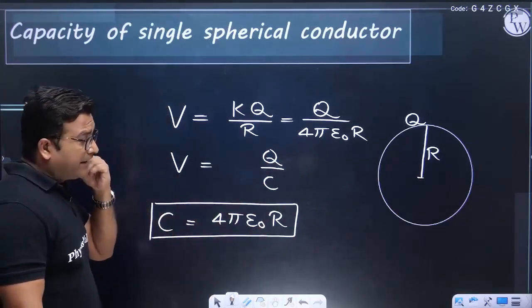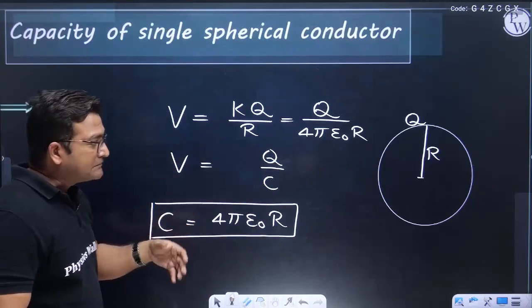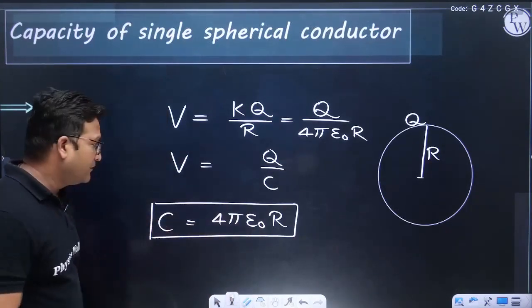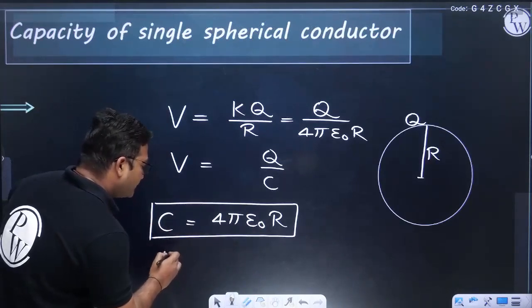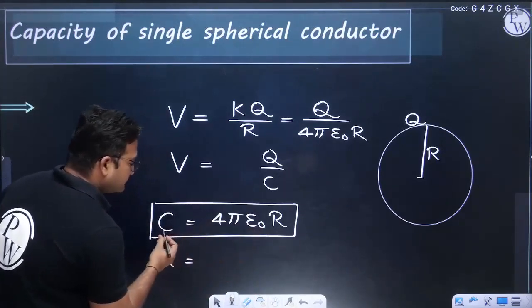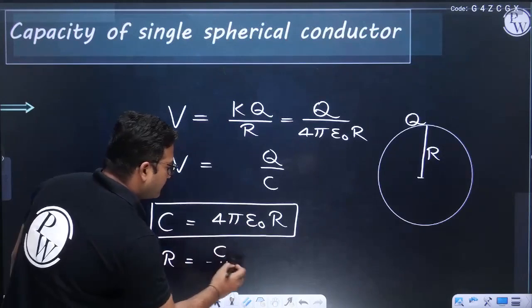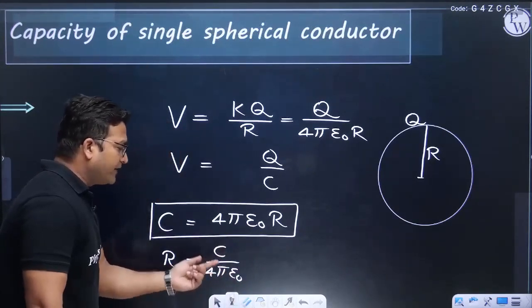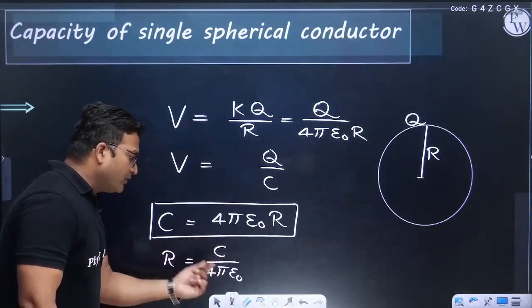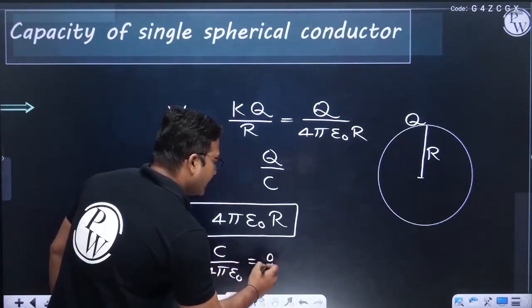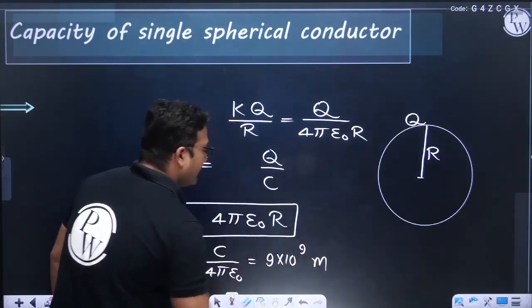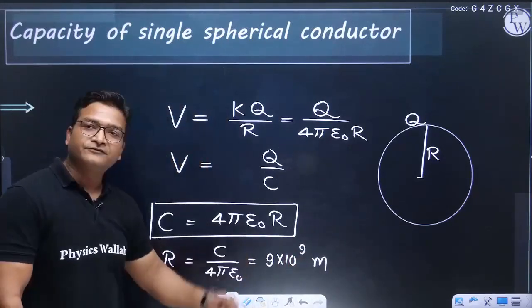Suppose I have a sphere large enough such that its capacity is 1 farad. Then its radius would be C divided by 4 pi epsilon naught. If C is 1 farad, and you know 1 upon 4 pi epsilon naught is 9 times 10 to the power 9, so we will have this radius.